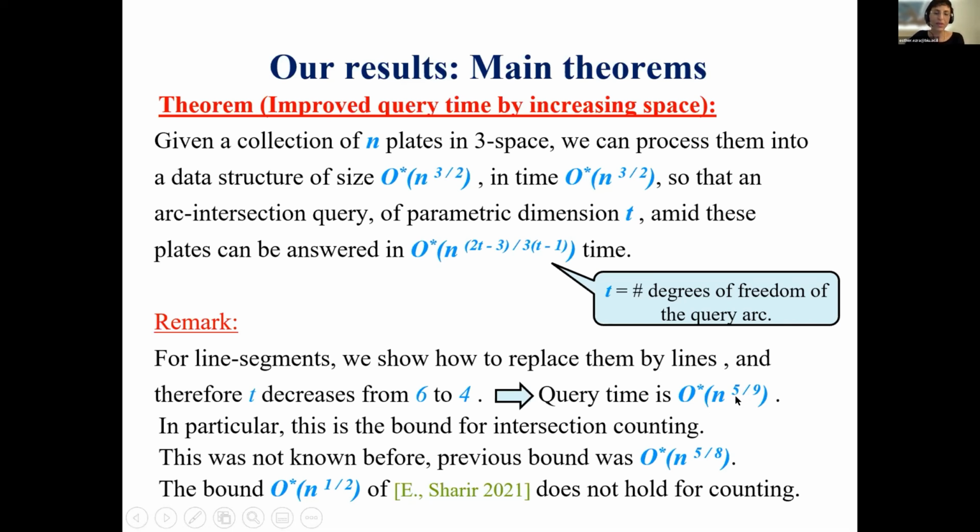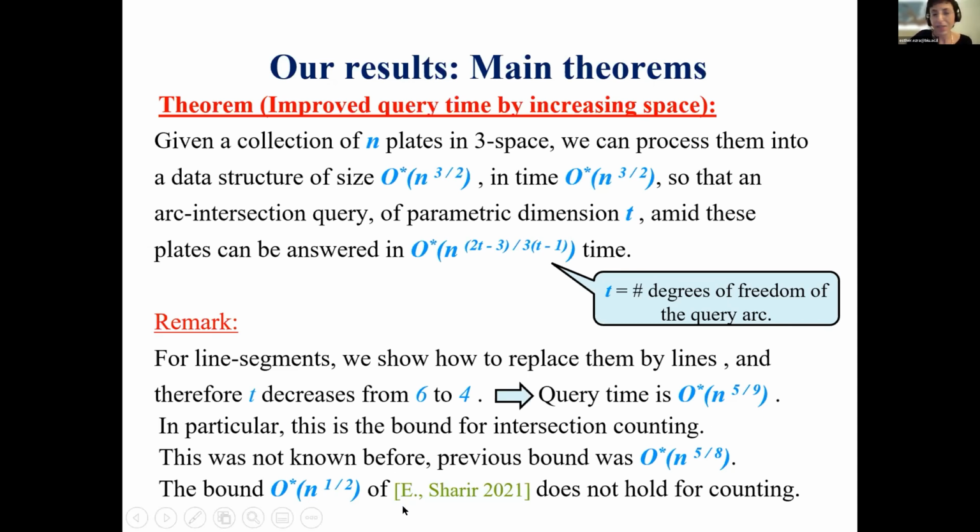So what does it mean? We can do intersection detection in n to the 5/9. Now, the result about ray shooting already shows that we can do it in n to the 1/2, but this result is more general. Here we can also do counting, count how many triangles the query segment intersects.